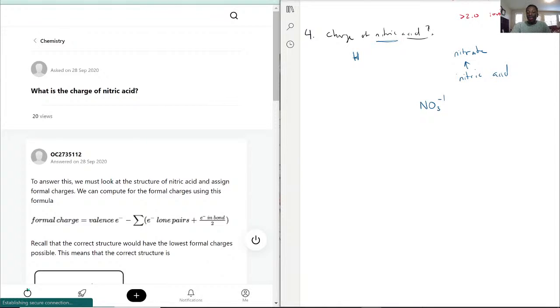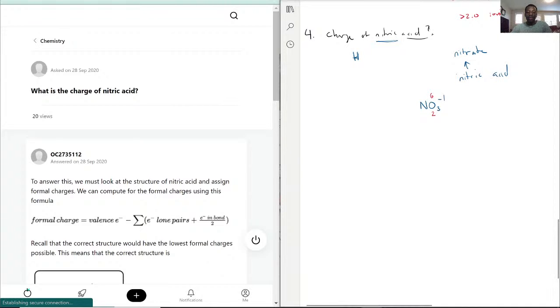How do I know whether this is correct? What I like to do personally is assign the electron numbers. Oxygen likes to have the electron number of 2, and because there are 3 of them, it's going to be 6.